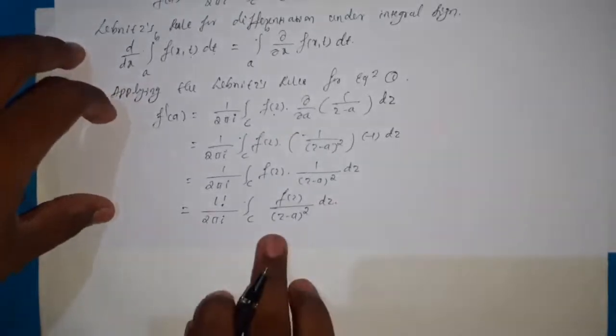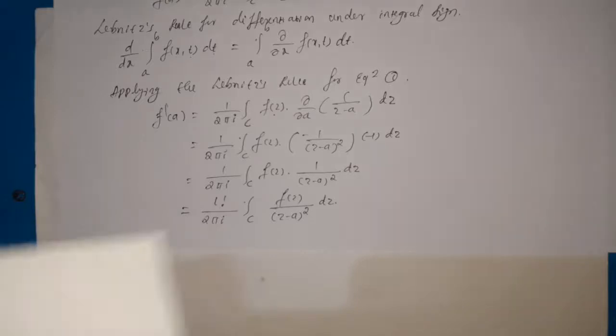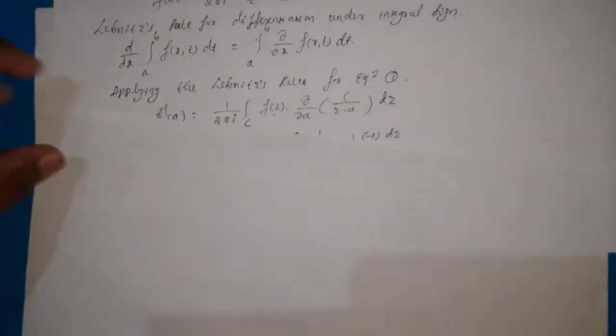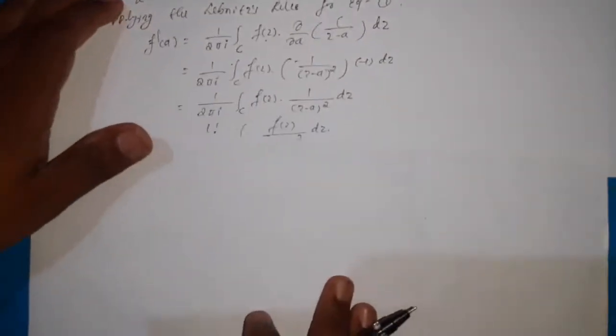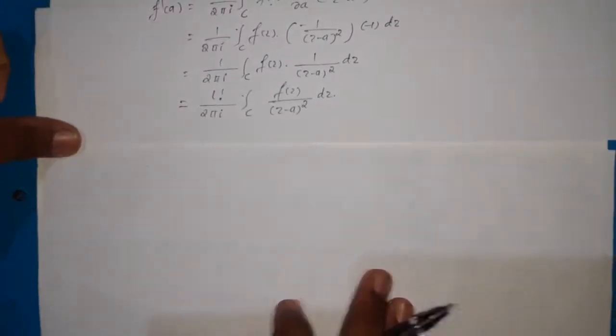So it is f dash of a, because in the previous one, Cauchy's integral formula for derivatives, we got the same answer, 1 factorial divided by 2 pi i integration over C f of z divided by (z minus a) whole square dz. And here we need the nth order differentiation, so therefore here we have considered f dash of a.